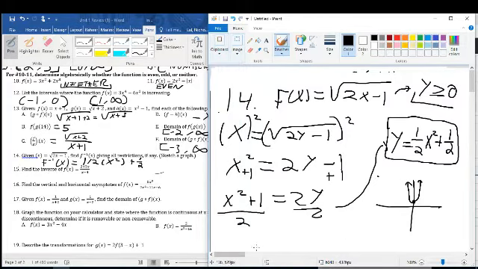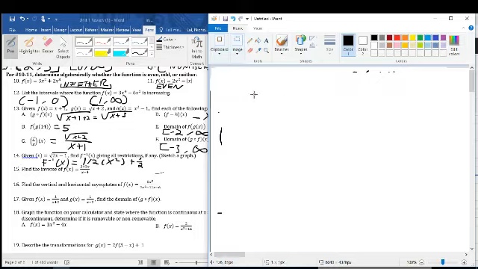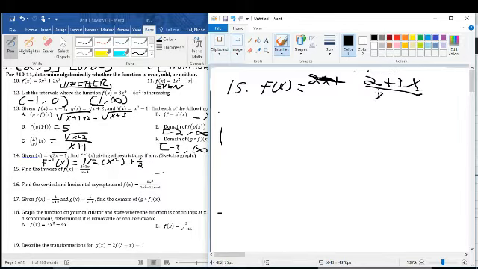Find the inverse. So for 15, f of x is equal to 2 plus 3x over x minus 4.